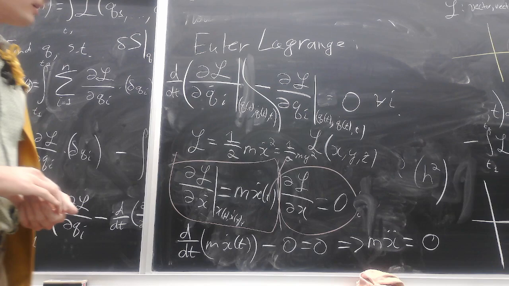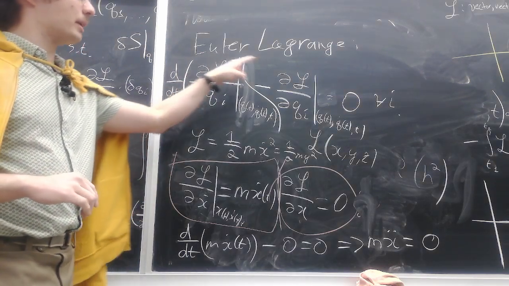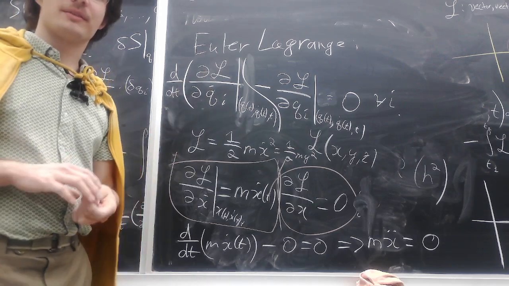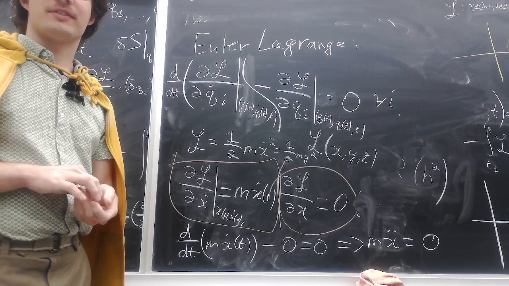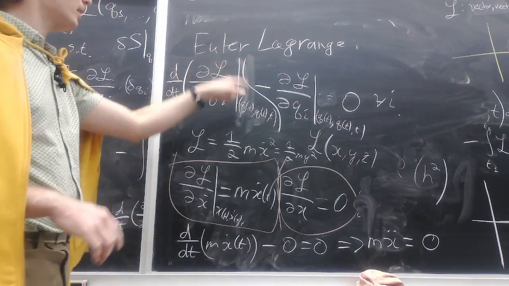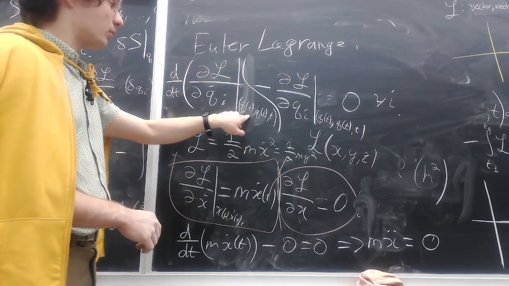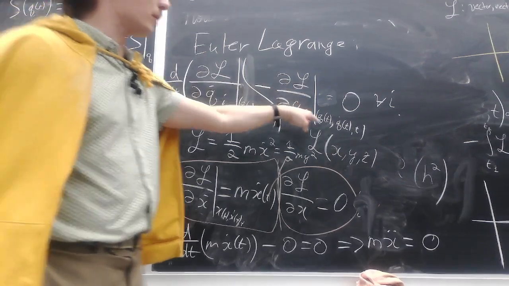And now the other thing is, if your Lagrangian is nice, this will be a linear differential equation, and then you'll have uniqueness of solutions, up to initial conditions. So from this you see this is a differential equation, because you have some function of q of t, q dot of t, and you take some derivatives, and then subtract some other function of q, and you get 0.